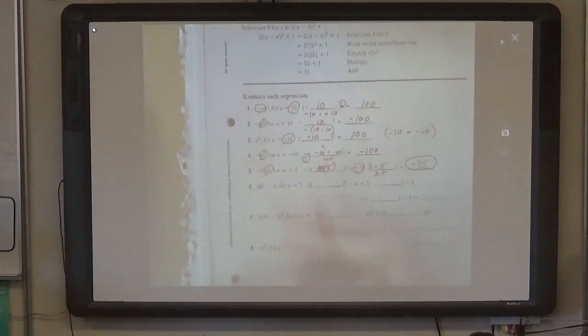Now this one, here's the 2. Just the n is being squared, and n is 3. And then it's plus negative 4.